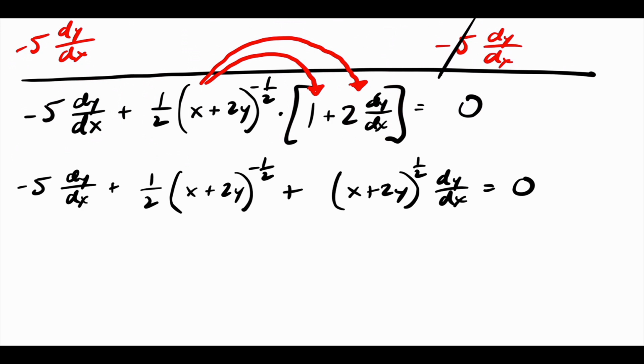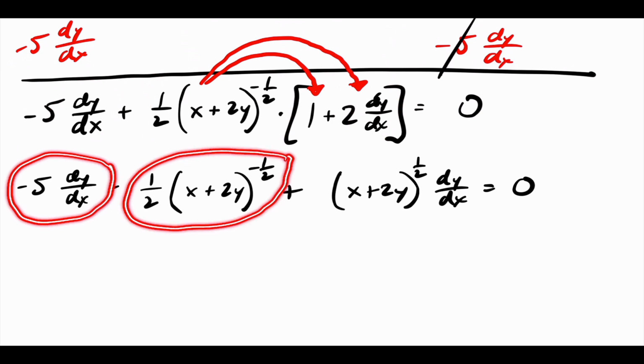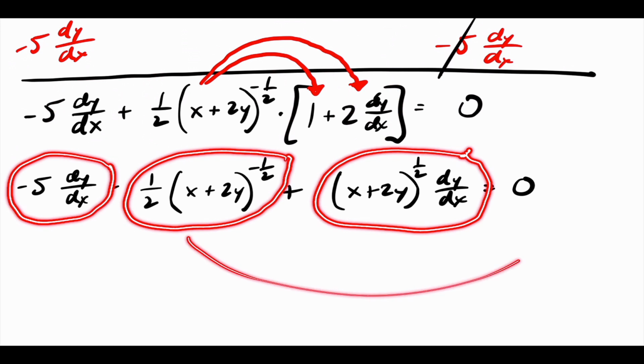So now I have 3 terms. I have this guy, and this guy. Two of them have a dy/dx, one of them doesn't. So the one that doesn't have a dy/dx, I'll move to this side.